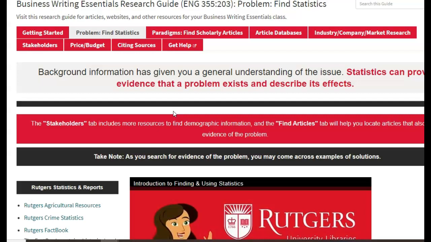It may be difficult to locate statistical information on the topic that you've chosen, but at some point over the course of the semester, you're going to be able to make a very persuasive case for why your particular topic is worth devoting more time and attention to. And one way to do that is to demonstrate the depth or the breadth of that topic's impact on a certain population.